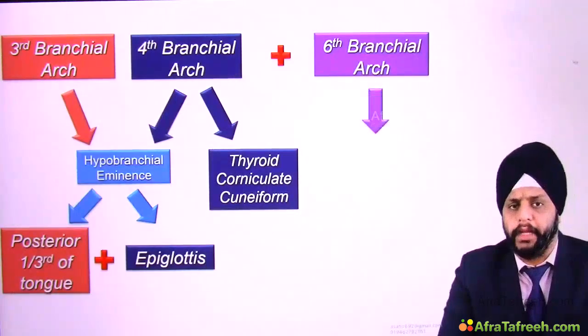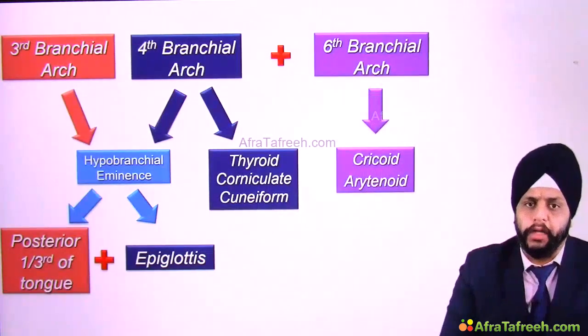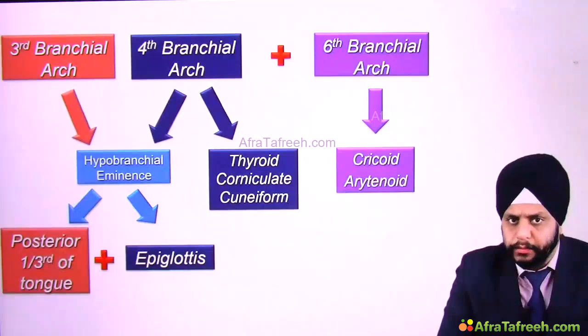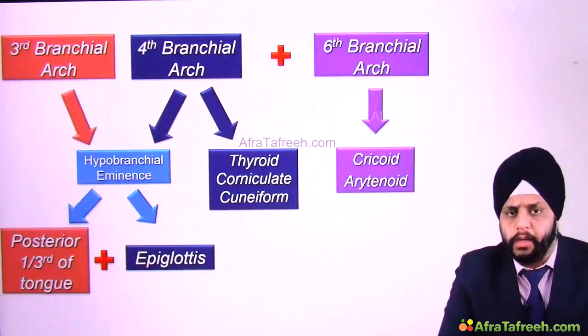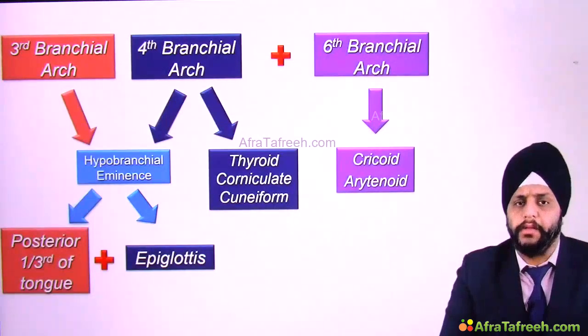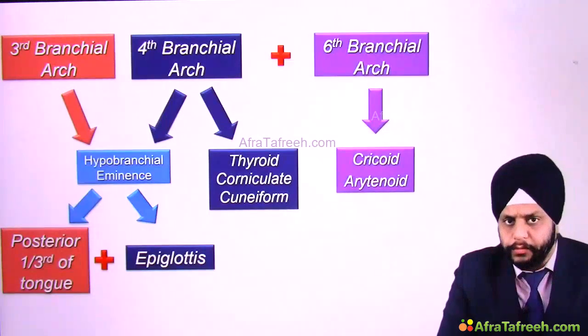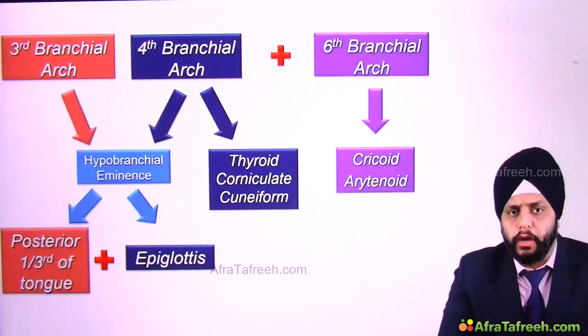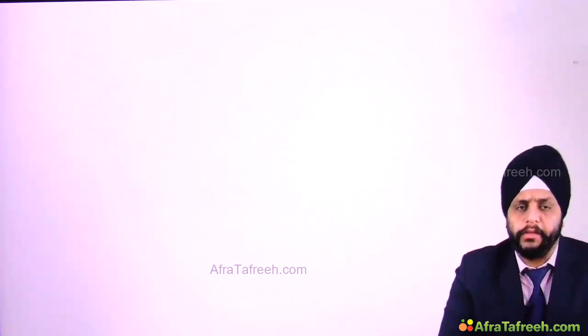Now the sixth branchial arch forms two cartilages, the cricoid and the arytenoid cartilages. So that is the short embryology of the larynx that we must know to solve the various questions.